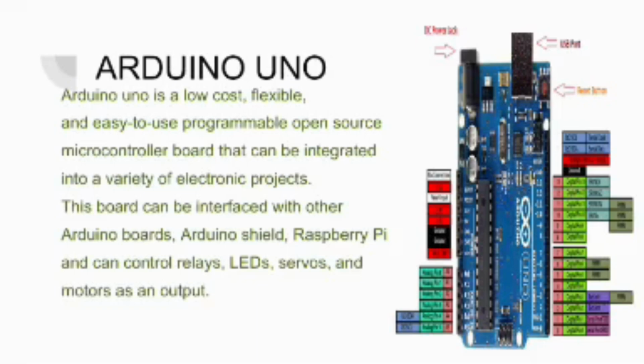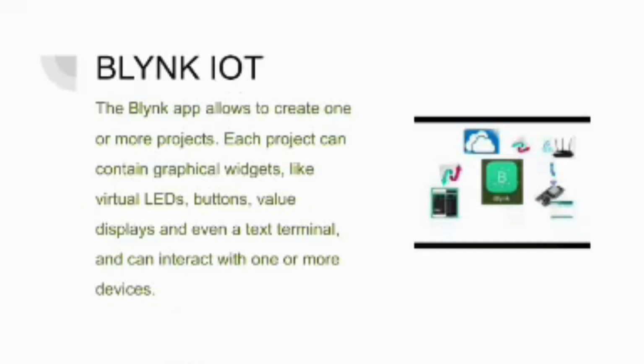Then Arduino Uno. Arduino Uno is a low cost, flexible, and easy to use programmable open source microcontroller board that can be integrated into a variety of electronic projects. This board can be interfaced with other Arduino boards, Arduino Shields, Raspberry Pis, and can control relays, LEDs, servos. Then the Blynk IoT app allows you to create one or more projects.